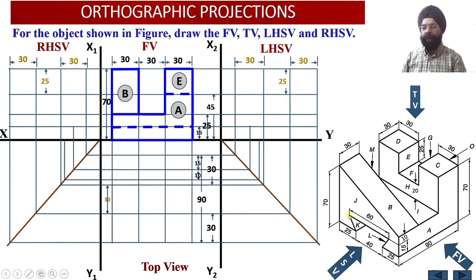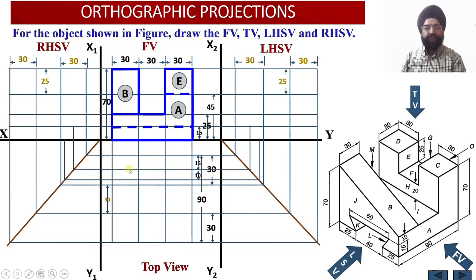Now let me talk about the top point of this angular slot. It is this point. It is at a distance of 15 millimeter from the rear face or the rear end of the solid. Now this is the projection line which I had drawn corresponding to the upper portion of this particular slot over here.